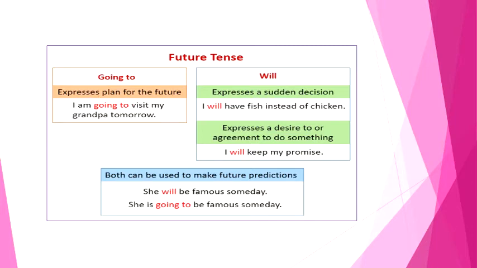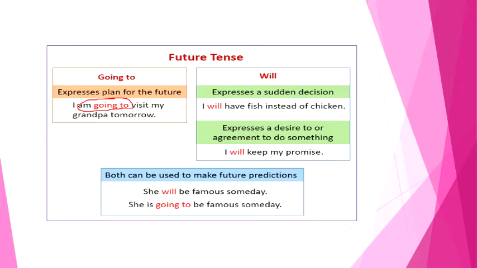Whenever you have a fixed plan for the future, you can talk about it using the going to form. For example, we have I am going to. Because I is our personal pronoun, with this we use the helping verb am. So I am going to visit my grandpa tomorrow. That means this is a fixed plan for the future.